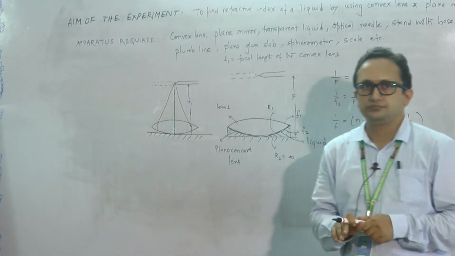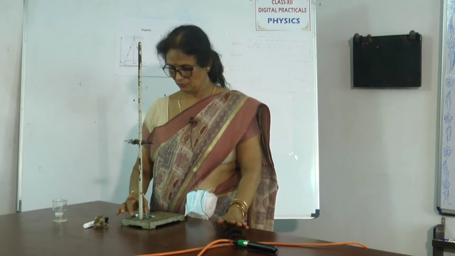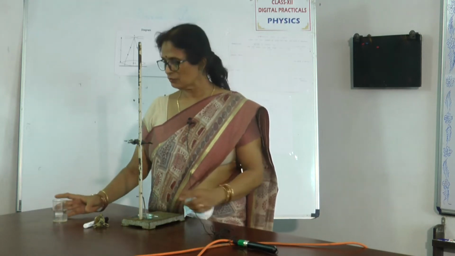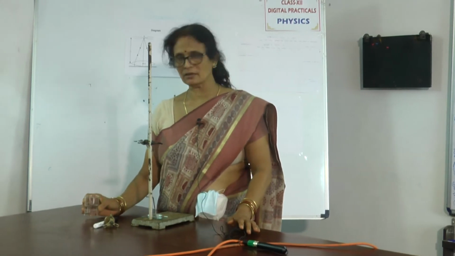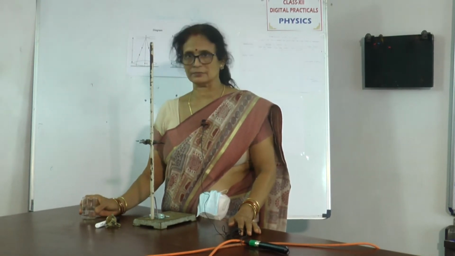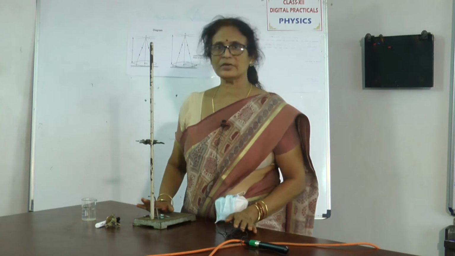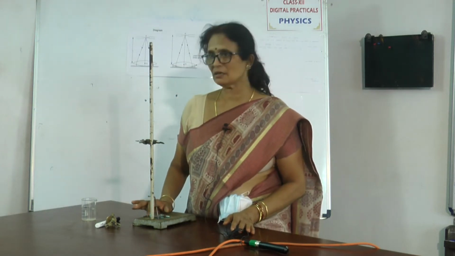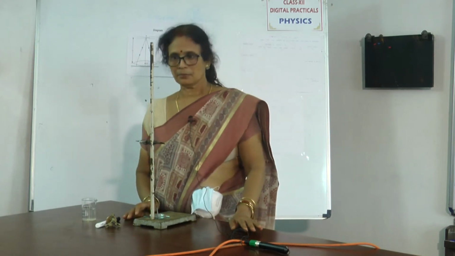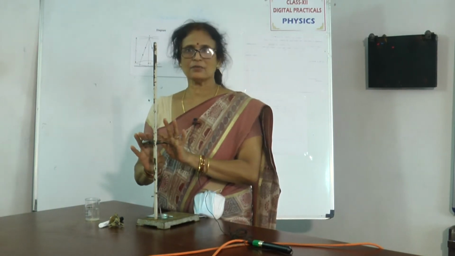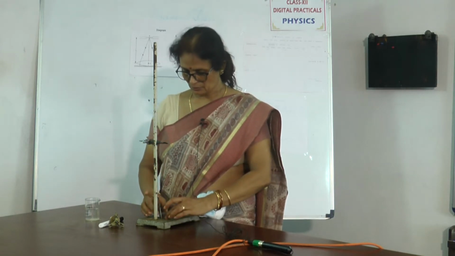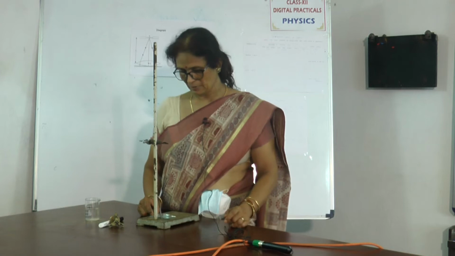Thank you. Now we are going to find the refractive index of a liquid. Here, the liquid we are using is water. So we are finding the refractive index of water using a plane mirror and a convex lens. The optical needle is fixed on the stand, and the convex lens is placed on the plane mirror.